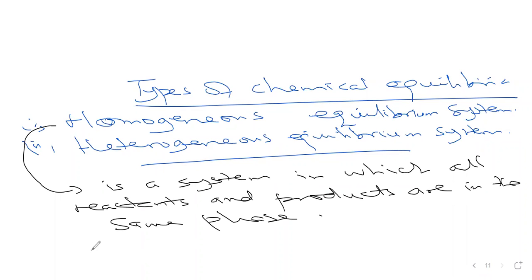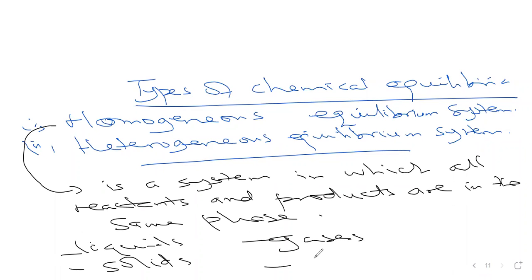So if they are all liquids, they are liquids. If they are all solids, they are solids. If they are all gases, they are gases. If they are all in solution, they are in solution. That's what we call a homogeneous equilibrium system. It is a reversible system in which all reactants and products are in the same phase.